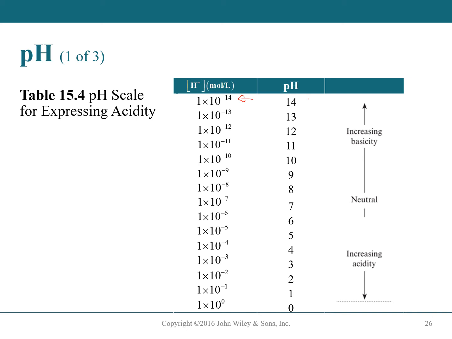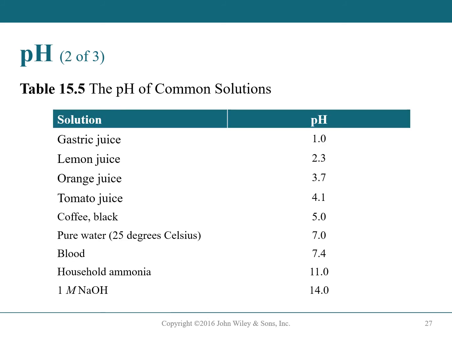If my hydronium ion concentration is large, then you can see that my pH is small. Some typical values of common solutions. Household ammonia is at 11. Bleach is going to be way up here. Okay. Your stomach juices is a pH 1. Orange juice, lemon juice, you can see how acidic your juices are. And even your coffee. And blood is ever so slightly basic.